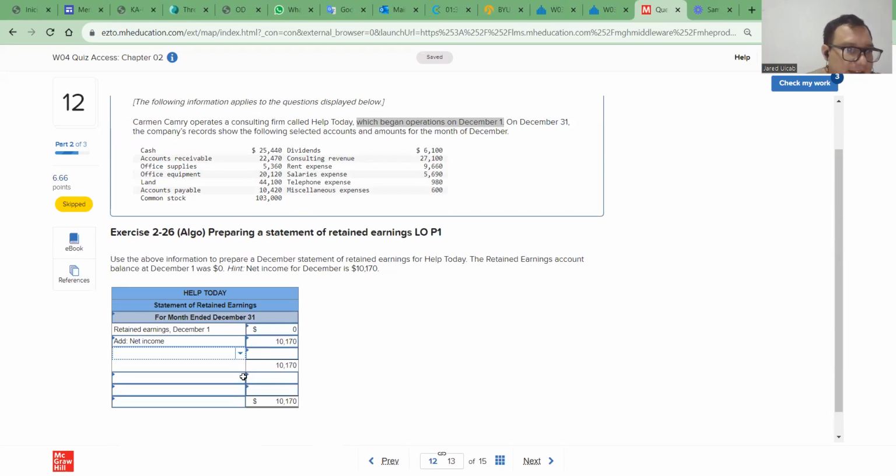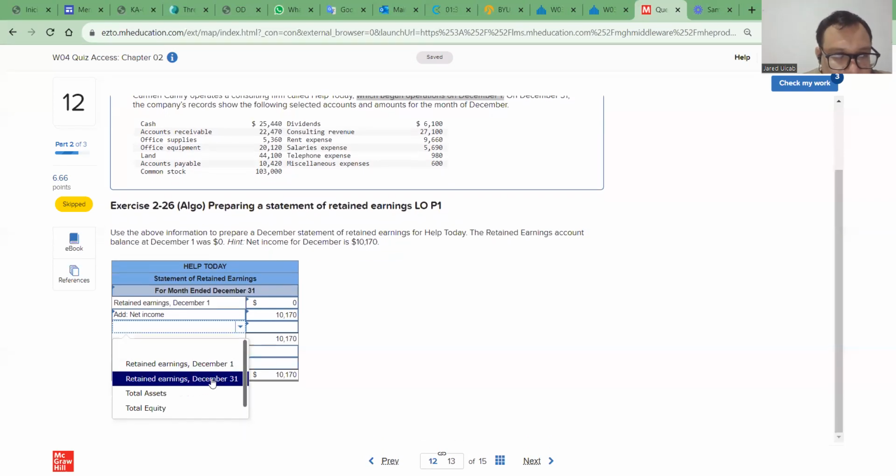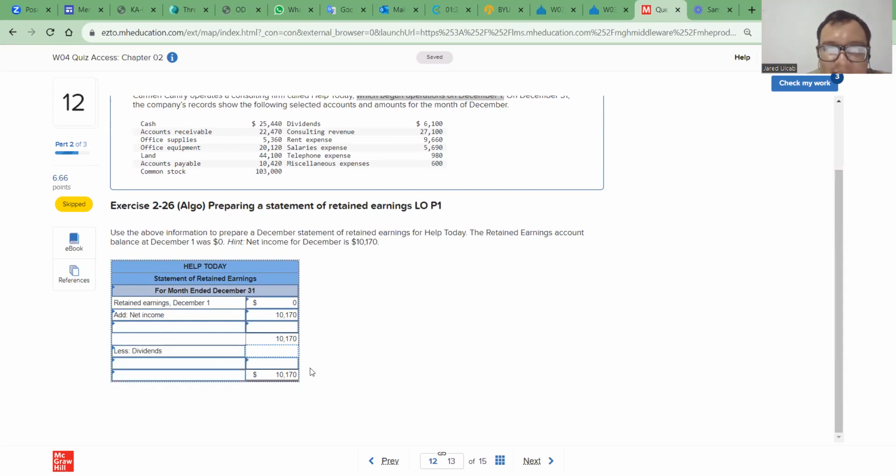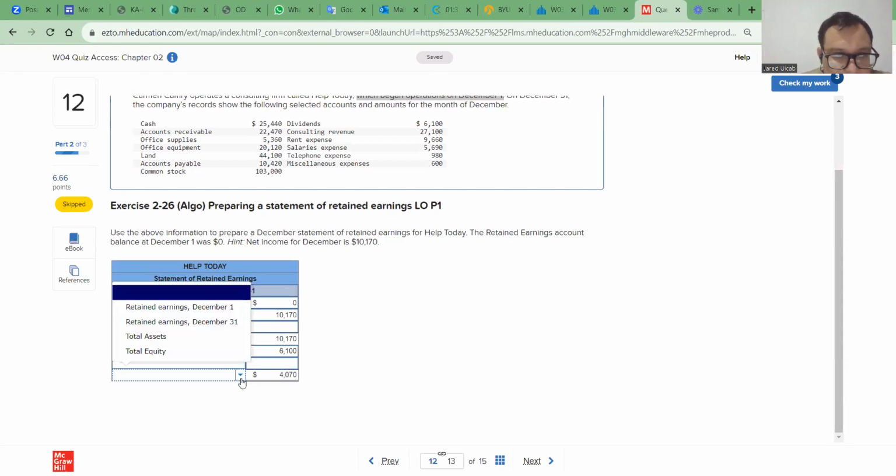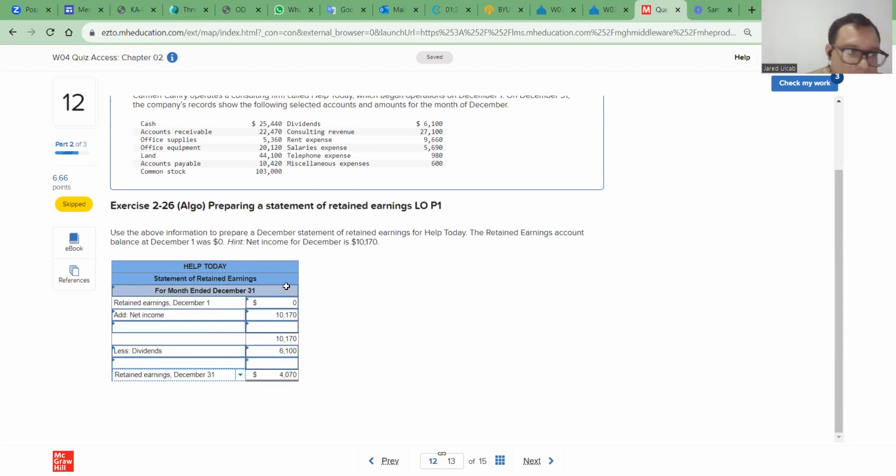And now we have to see if there are dividends to the owner. And yes, we have dividends. So, okay, we have dividends, less dividends, and we have the retained earnings at the end of the period.